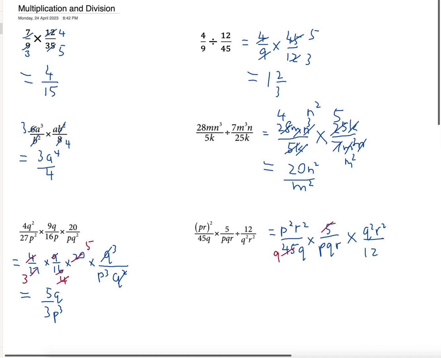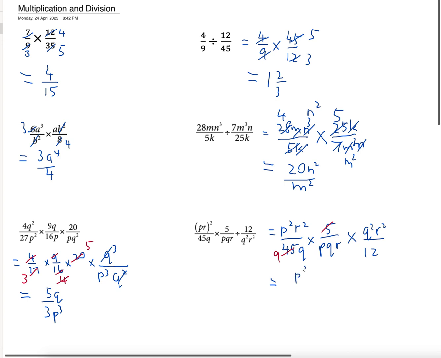And then the common factor, P, you see, so it's actually better to work out the numbers first. Right, so we work out first.